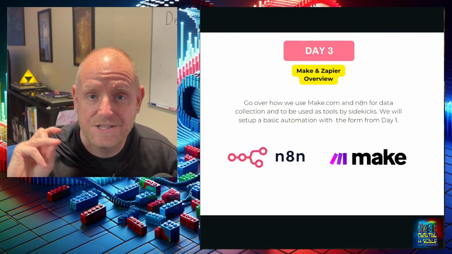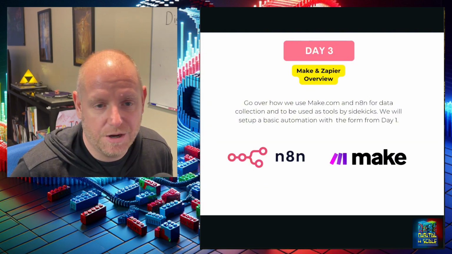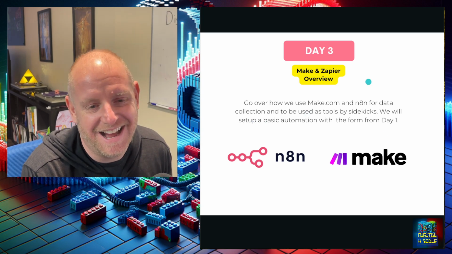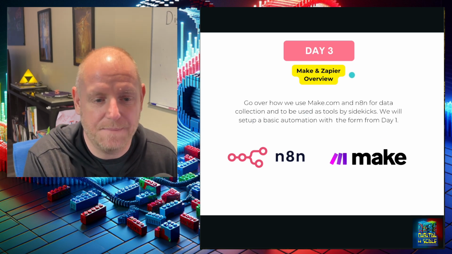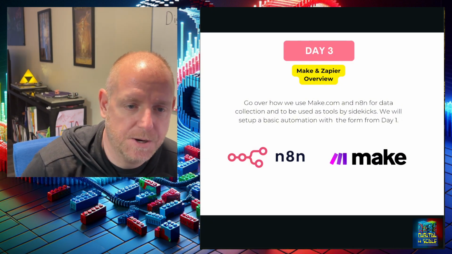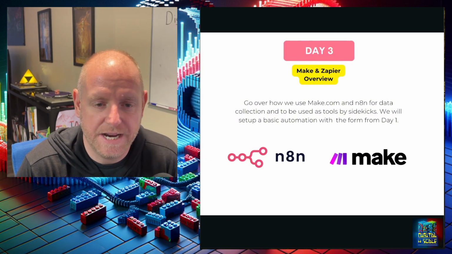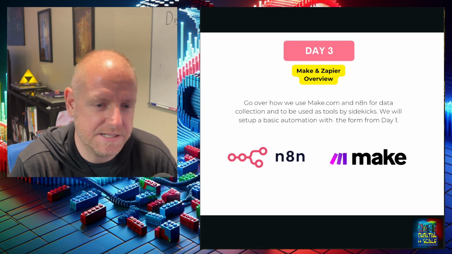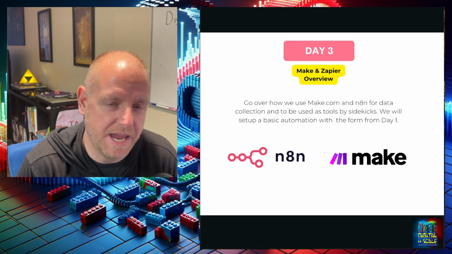So tomorrow we're going to go over, and I forgot to change that header again, Make and Zapier, but primarily N8N and Make. Today we went over AnswerAI and everything it can do. Tomorrow we'll go over a basic getting set up with N8N and Make.